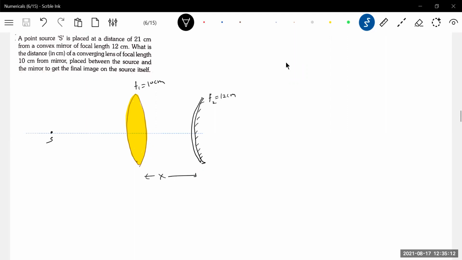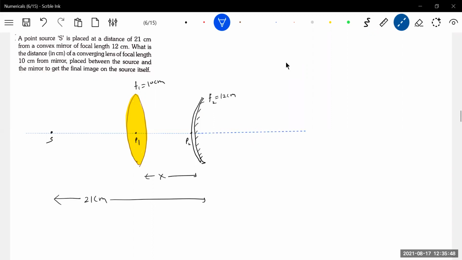What is the methodology you can think here? We know this distance. The only thing is, after refraction, the rays should fall at the center of curvature of this convex mirror. Where will the center of curvature of the convex mirror come?